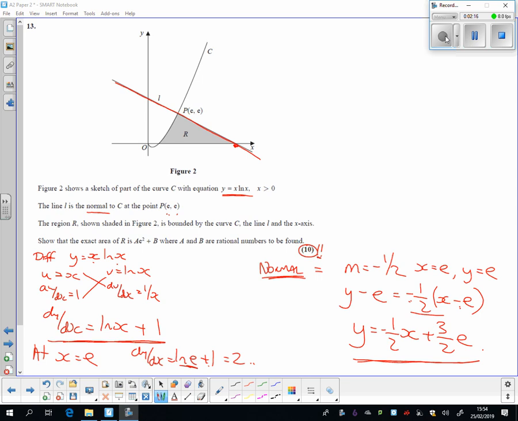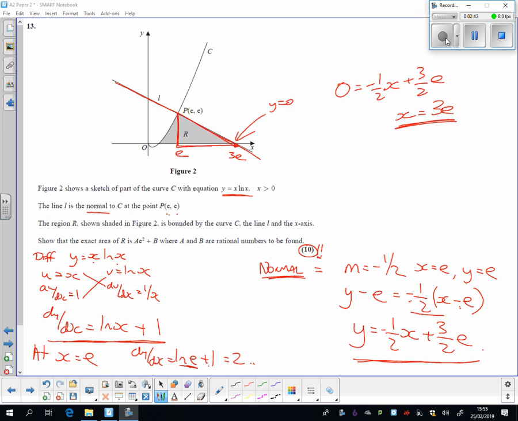So at this point there, y is equal to 0. And so I've got 0 equals minus a half x plus 3 over 2 e. So that point there, x, is equal to 3e. Right, so if that's 3e, and we know that that point there is e, then I can do a lot of this already.